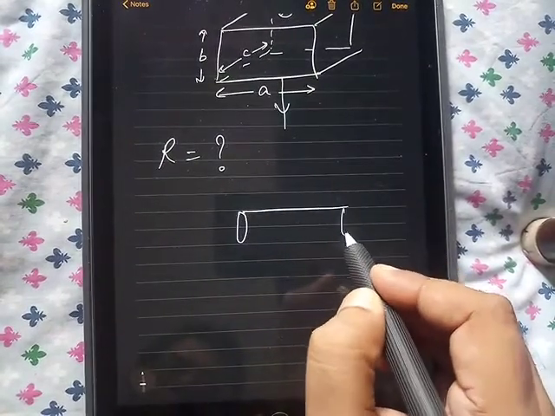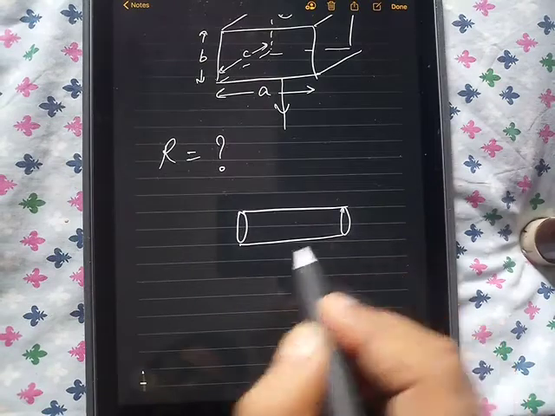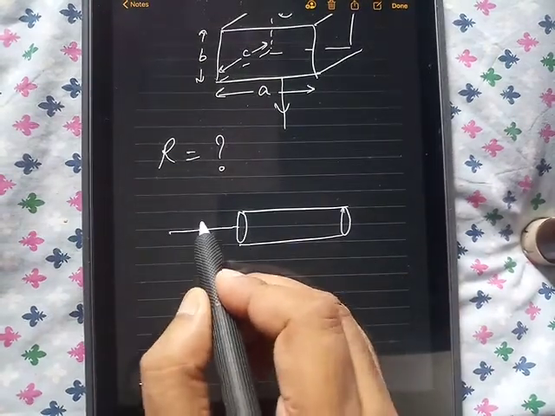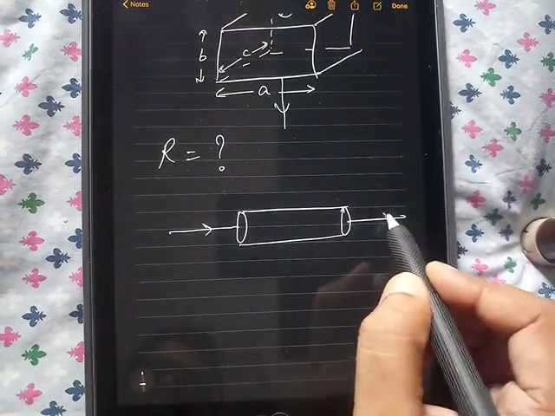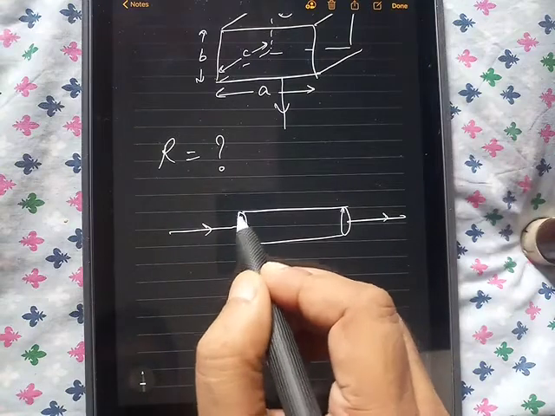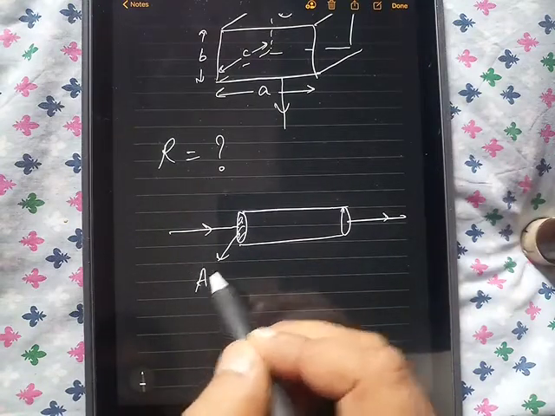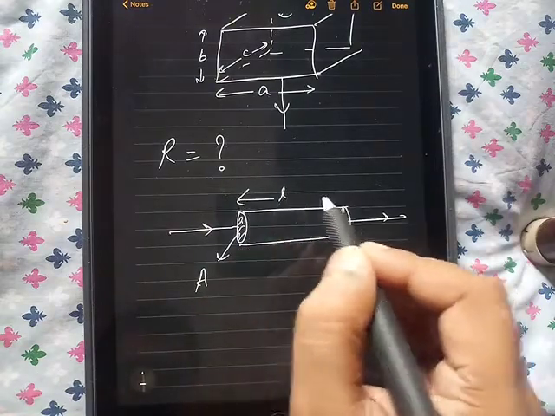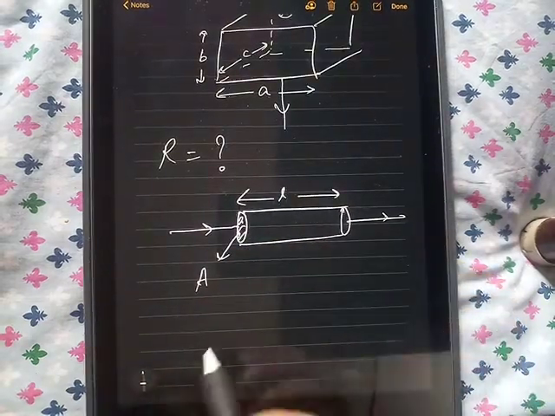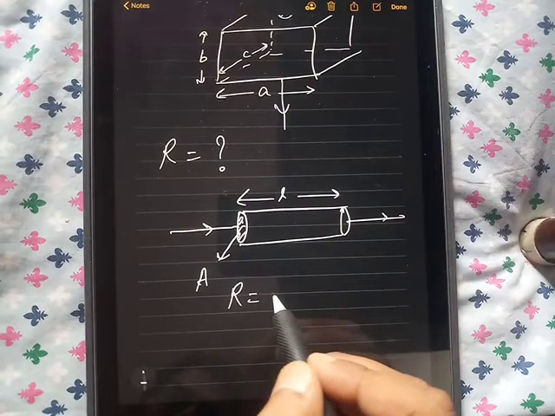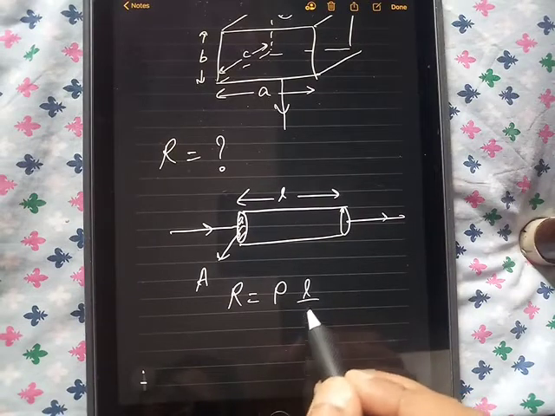Let us say current goes from this face. The area of cross section of this face is A, and this is the length of the conductor. Now we can write R equals rho L by A.